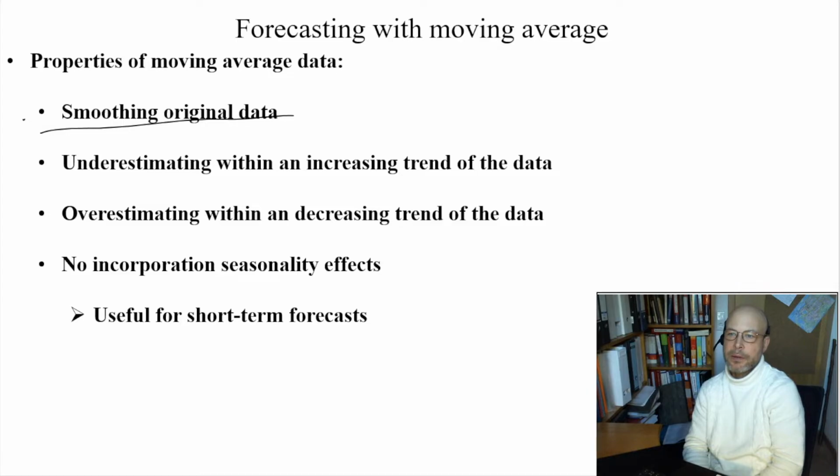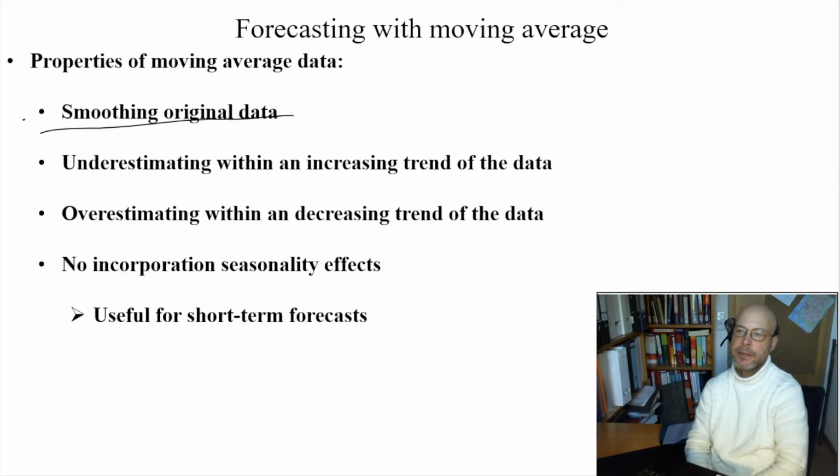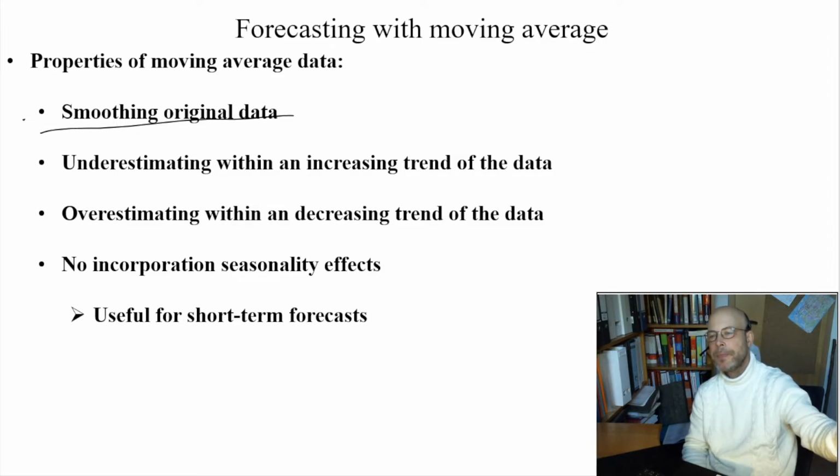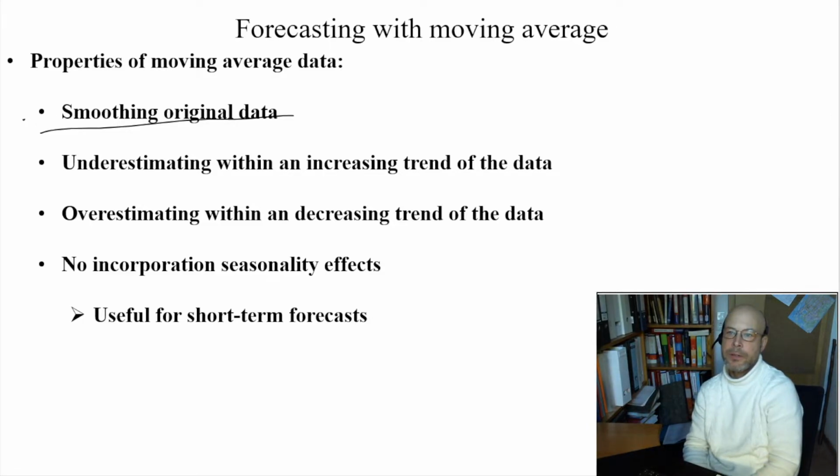And this, of course, where we have in general an increasing trend, and if this increasing trend would also go on in the future, taking just the average of the historical data would mean that we take out this increasing trend.